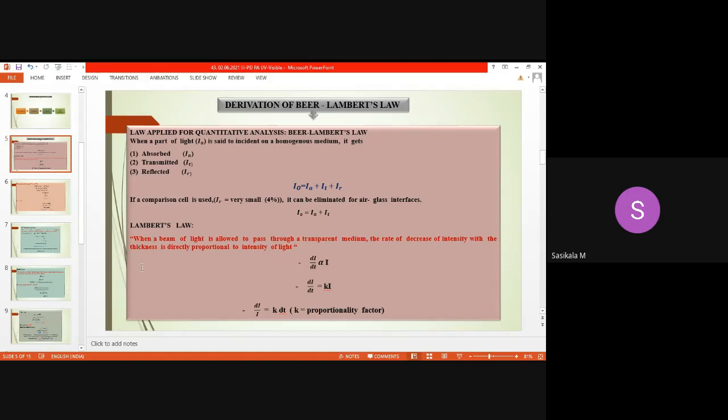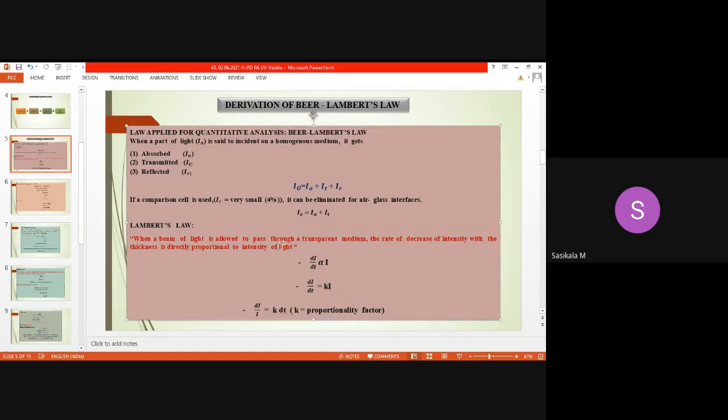If the solution medium is highly thick, then the concentration will be high. So the decrease in intensity with the thickness is directly proportional to the intensity of transmitted light. When the decrease in intensity with thickness occurs, absorbance will increase, whereas transmittance will decrease.